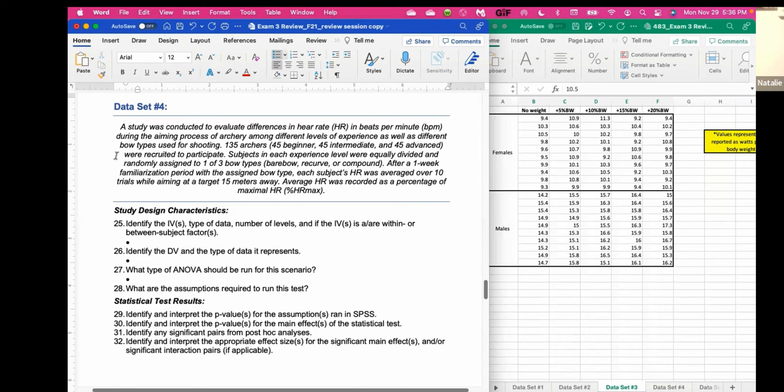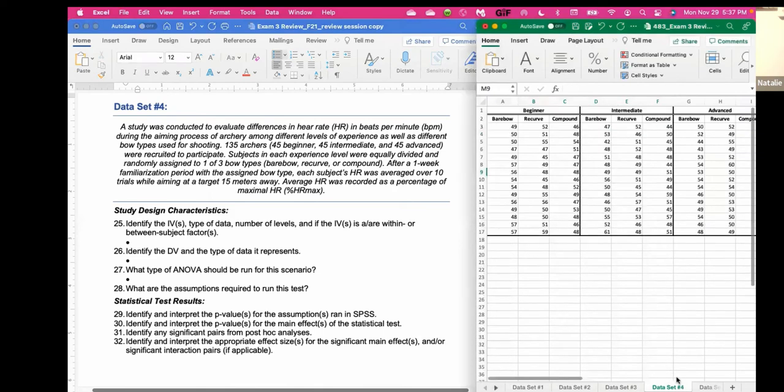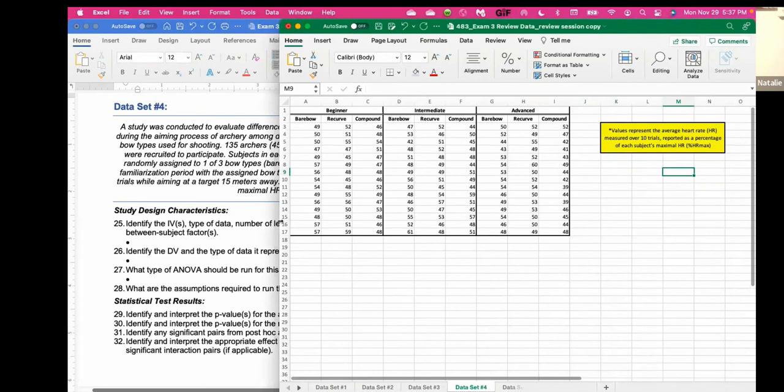Subjects in each experience level were equally divided and randomly assigned to one of 3 bow types. So in this case, we have bare bow, recurve, and compound. And then after a 1-week familiarization period, each subject's heart rate was averaged over 10 trials while they were aiming at a target at a fixed distance. And then heart rate in our spreadsheet is reported as a percent of their heart rate max.